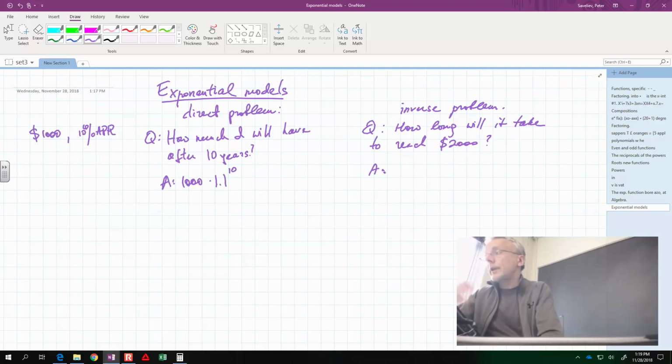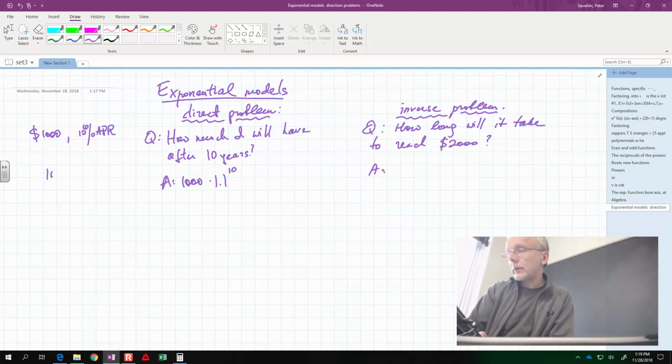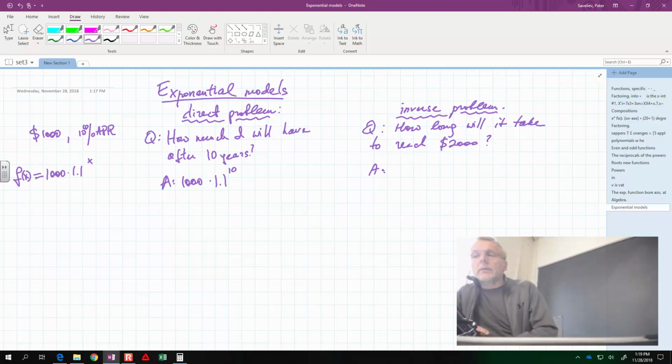The answer will involve the logarithm. So you can see how we reverse the problem from left to right. The model is 1,000 times 1.1 to the x. So let's say f of x, the amount of money you've got in your account after x years, is 1,000 times 1.1 to the x power.